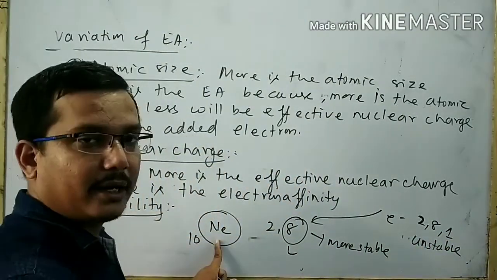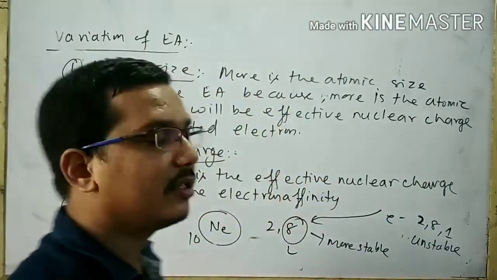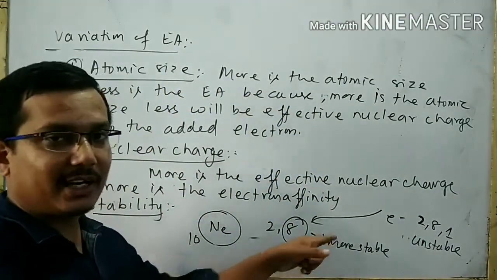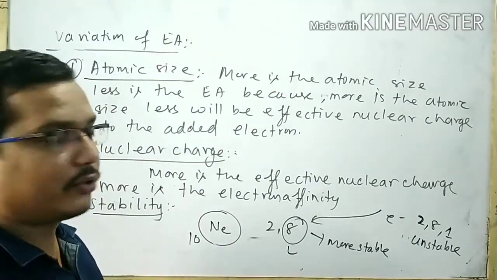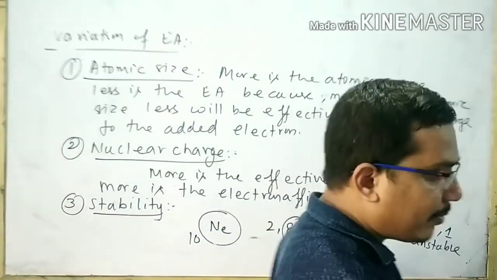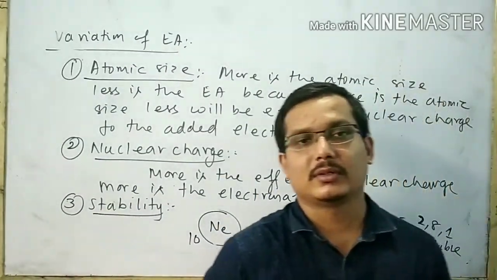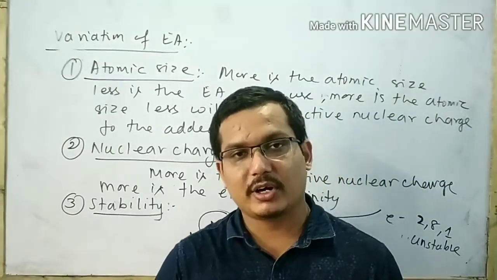So neon does not want to attain the unstable electronic configuration because before adding one electron, the neon atom is already stable due to the stable electronic configuration. So remember, a stable atom does not want to receive the added electron because it is already stable.